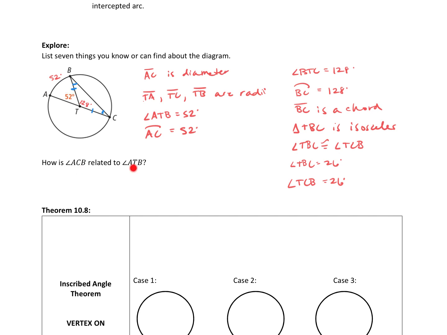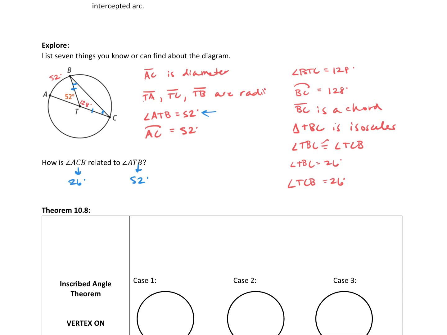All right, so now that we have worked through some things, how is angle ACB related to angle ATB? Well, angle ACB is this angle right here at C, which is the same angle as TCB, we are just using A to C to B. That is this 26 degree angle. And angle ATB, we said right here, is 52.